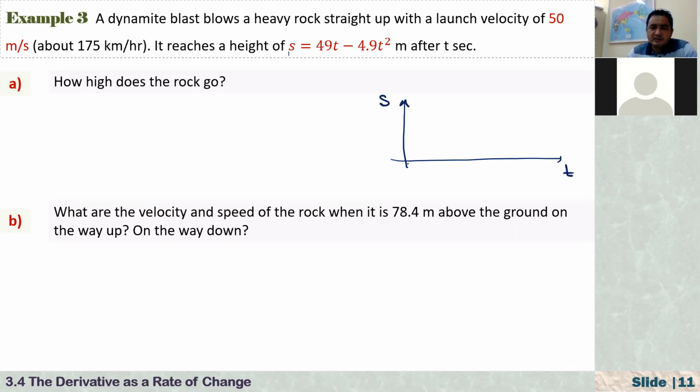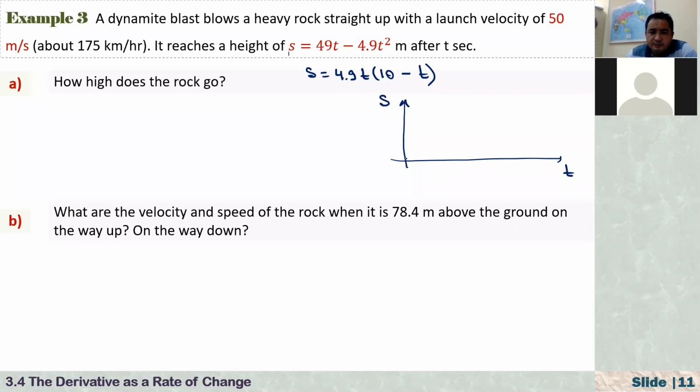From this equation, I can take 4.9t out, so we have 4.9t times (10 minus t), since 4.9 times 10 is 49t, and then 4.9t squared.